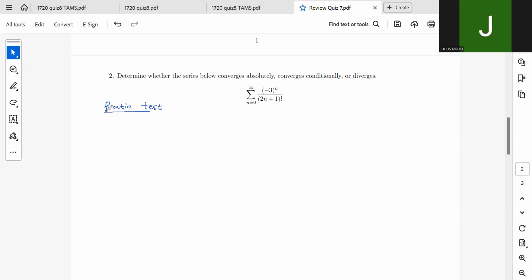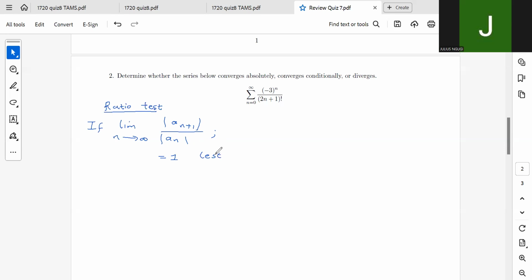In the ratio test, we say: take the limit as n approaches infinity of the ratio a n plus 1 divided by the absolute value of a n. If this equals 1, the test is inconclusive, so the test fails.